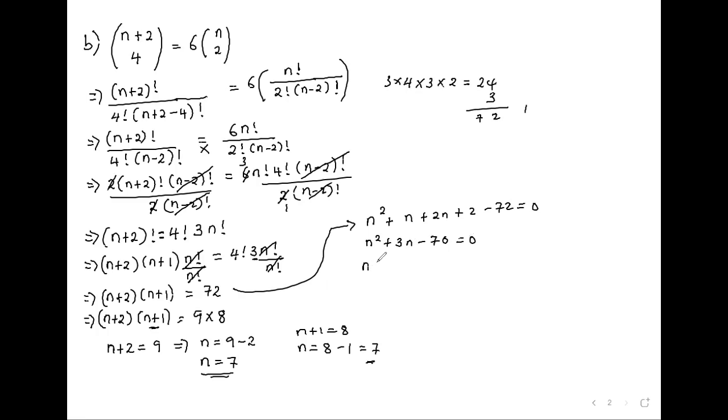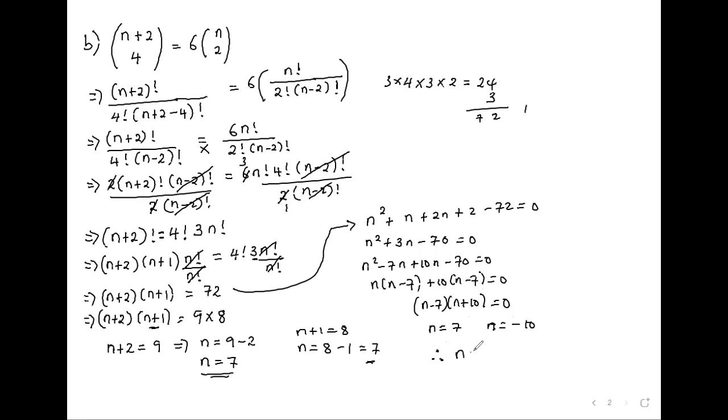So you have n squared minus 7n plus 10n minus 70 is 0. When you factor, you get n times n minus 7 plus 10 times n minus 7 is 0. So we have n minus 7, n plus 10 is 0. So n is 7 or n is negative 10. But in the question they have said they want a positive n. Therefore, n is equal to 7.